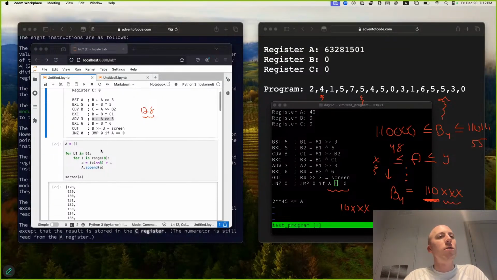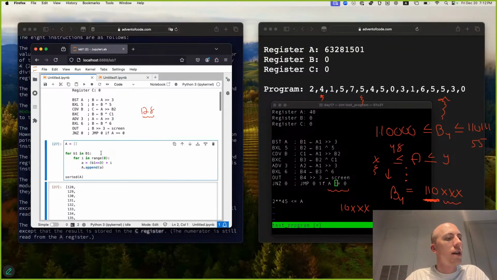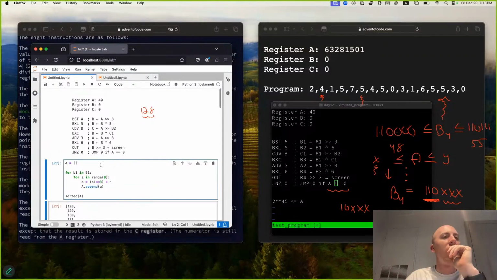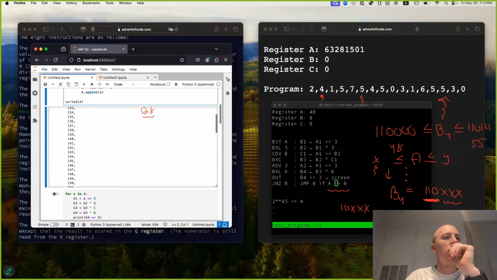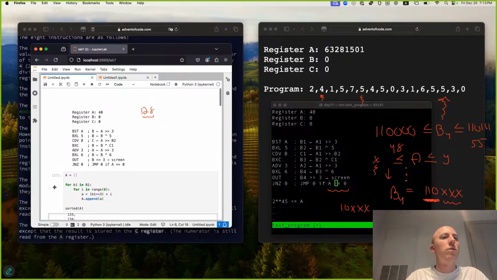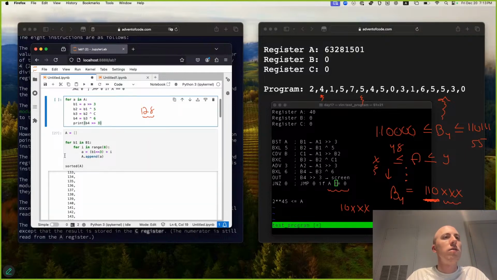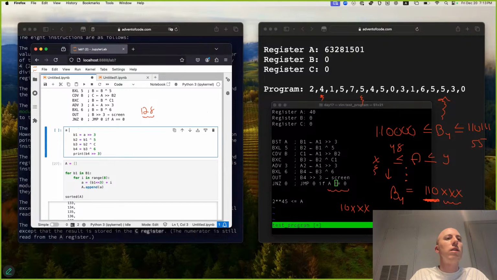Maybe printing out a trace of this might help. Let's see. So we have this. Let's just see what this looks like. Let's say A is equal to 128.